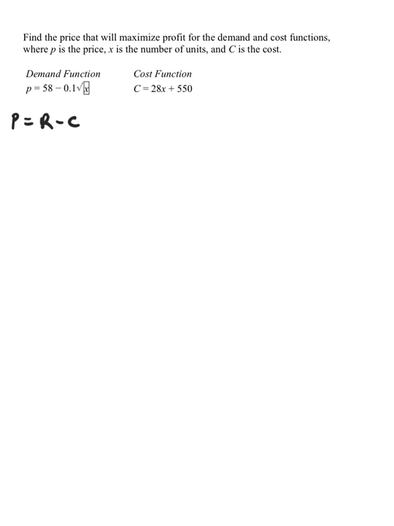Since we're looking to maximize profit, we're going to find where the marginal profit, which is P prime, is equal to 0. So marginal profit is equal to marginal revenue minus marginal cost. If that's equal to 0, that's also looking at R prime equals C prime.